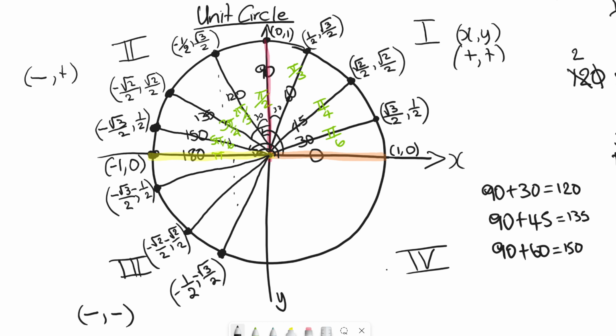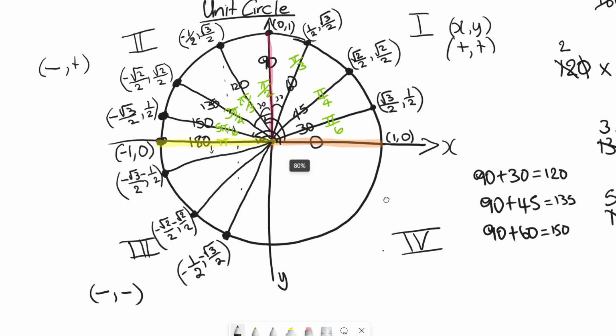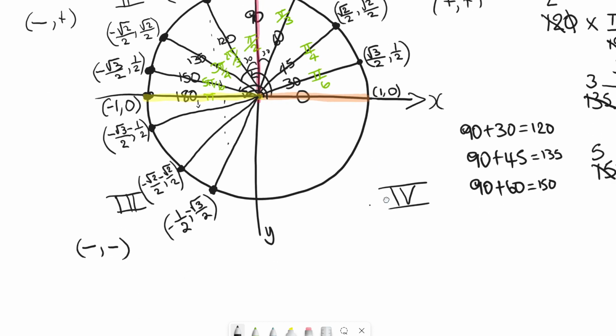So now let's come up with our degrees. Same method that we used before. This angle is just about 30 degrees away from 180, right? So to get what that angle measures, we would do 180 plus 30. And that's going to give us 210.